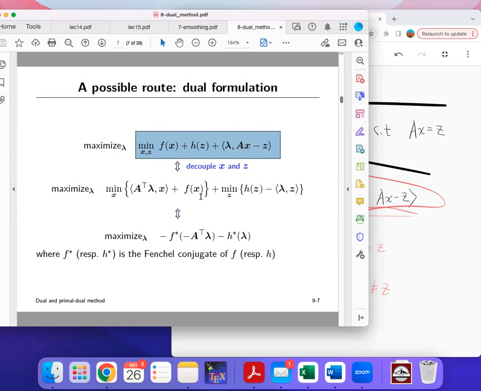Then we put everything about x in one part and everything about z in another part. So we can do the minimization separately. It's just a rearrangement of these terms.